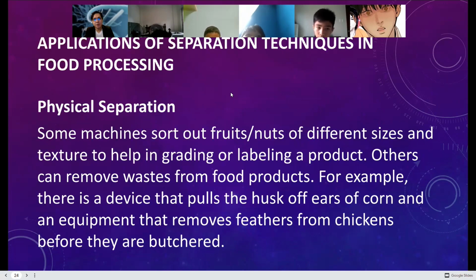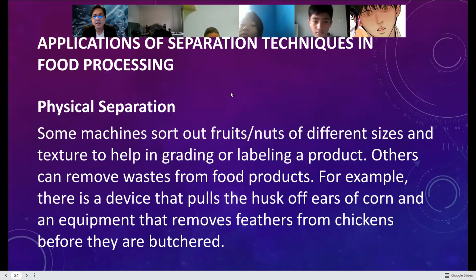Applications of separation techniques in food processing, because if you think about the whole pie with regards to homogeneous and heterogeneous mixtures, we are talking about food separation. One is physical separation. This is one application of homogeneous and heterogeneous mixtures.